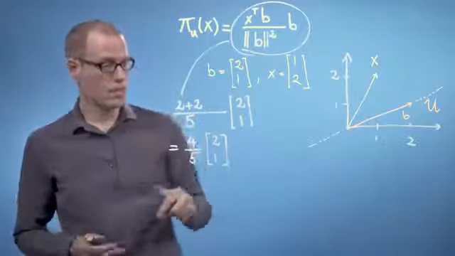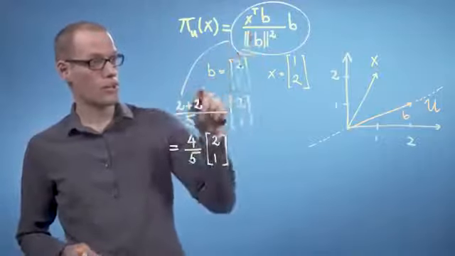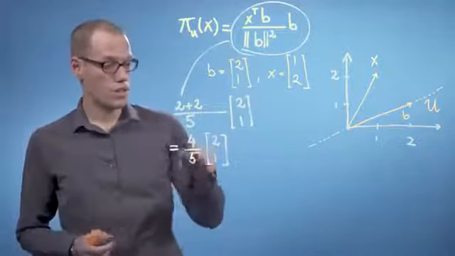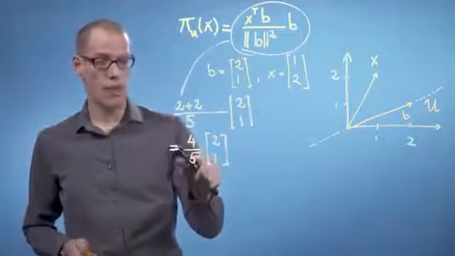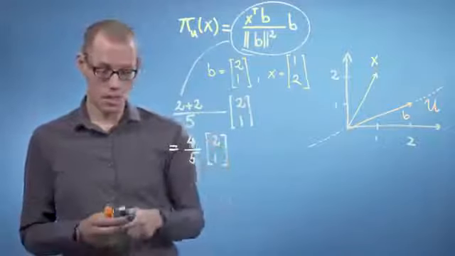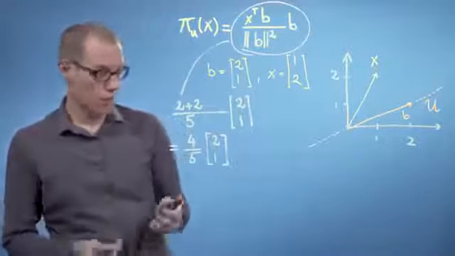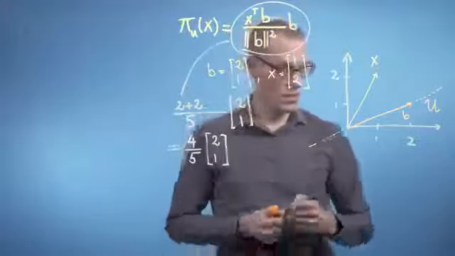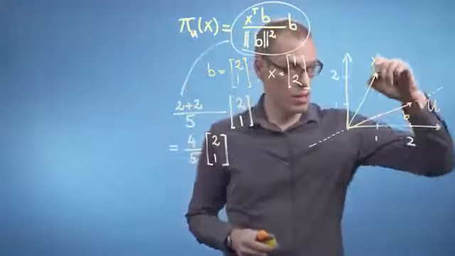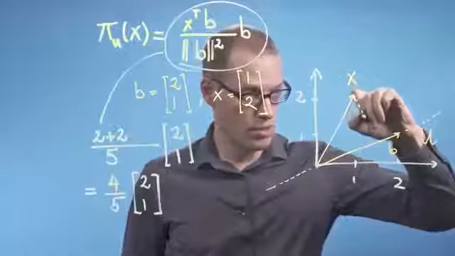This means that our orthogonal projection is 4/5 times the vector b. That means if we take 4/5 of this vector, then we will get to our orthogonal projection.